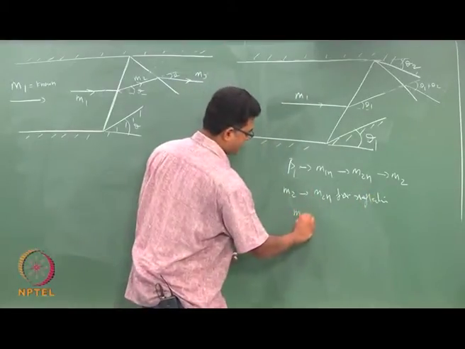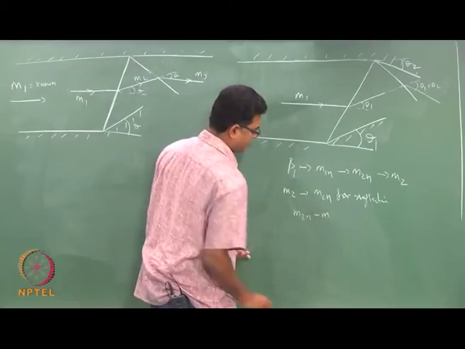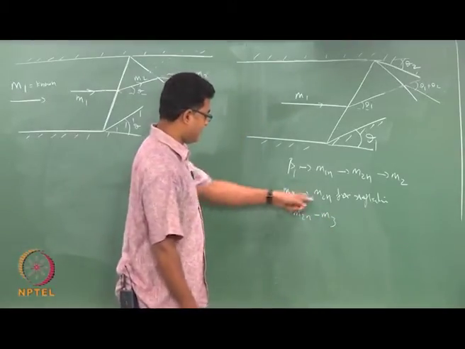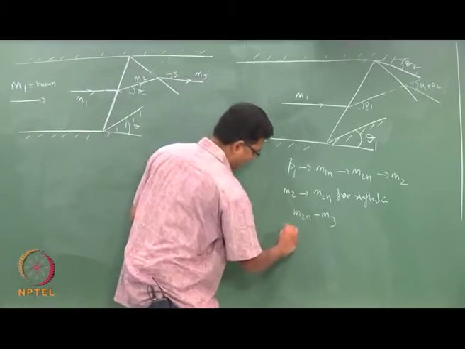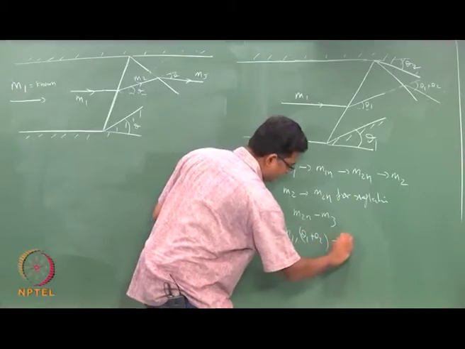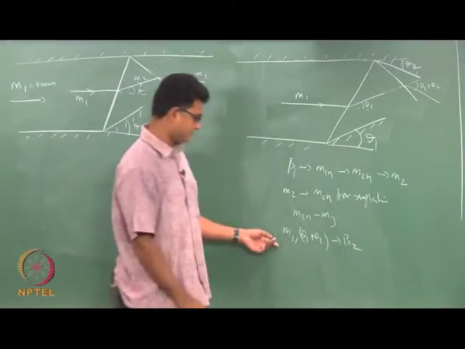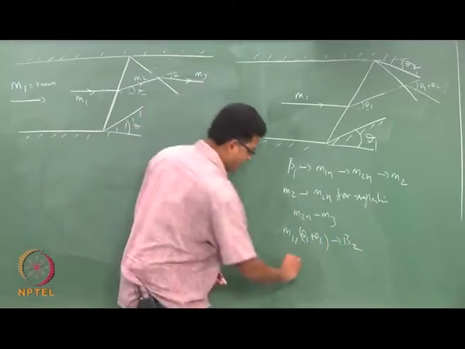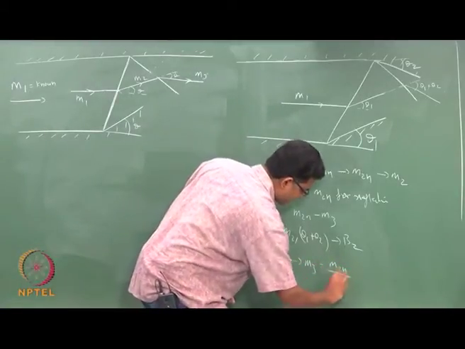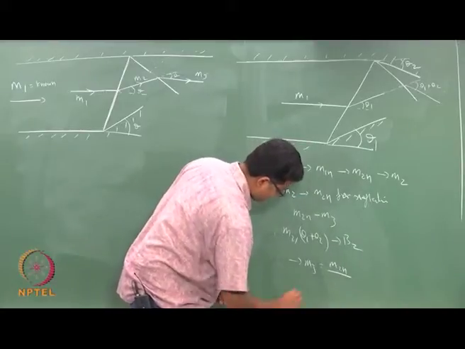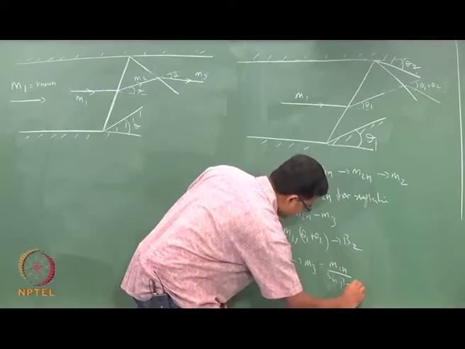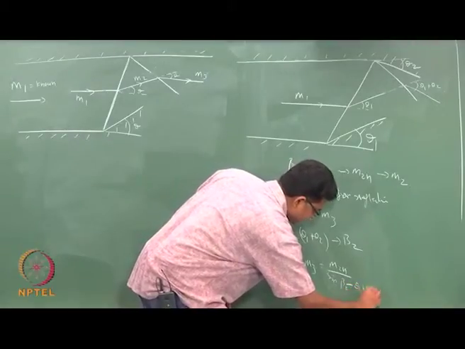and from M2 I would get M3, from M2 and theta 1 plus theta 2 I would get beta 2, and I would easily get M3n based on M2n divided by sin of beta 2 minus theta 1 plus theta 2.